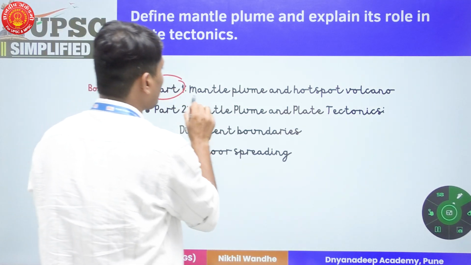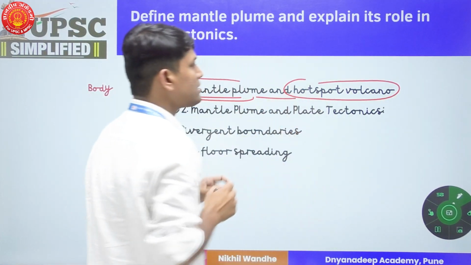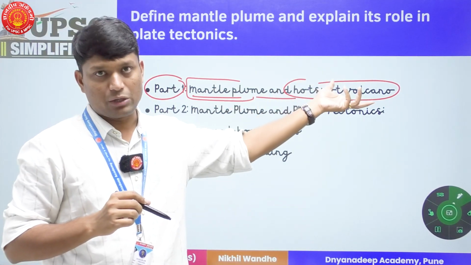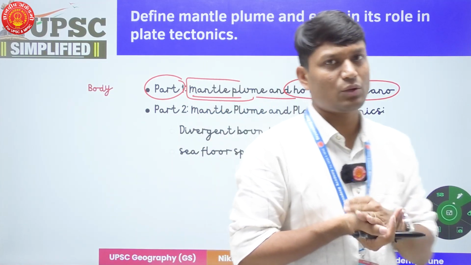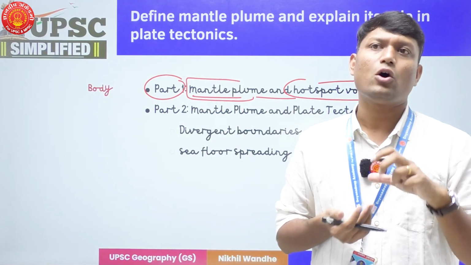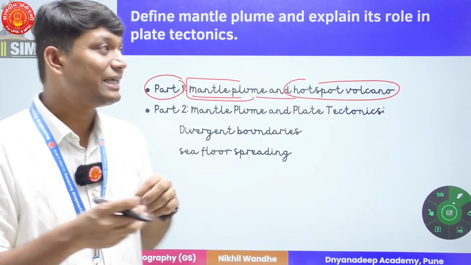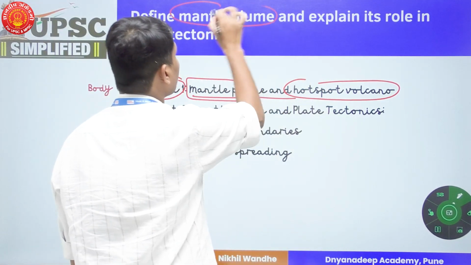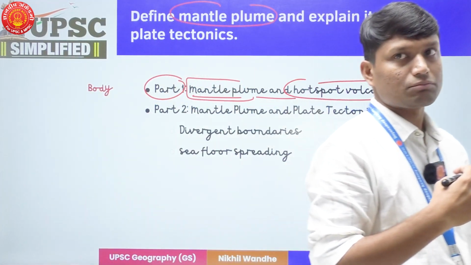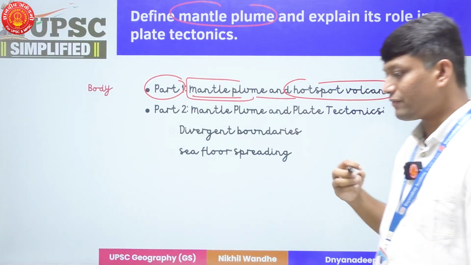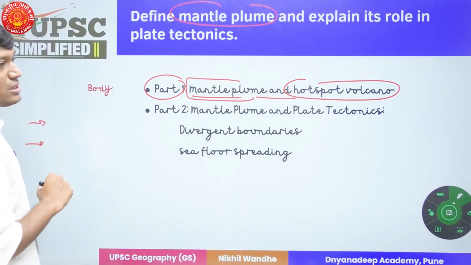In the first part, I am going to address that these mantle plumes result in hotspot volcanoes, right? Wherever we find hotspot volcanism, I hope you all know what these hotspot volcanoes are. Whatever hotspot volcanoes we have, they are strictly associated with a mantle plume, or they are the result of a mantle plume. Wherever we have a hotspot volcano, there are two features we find.